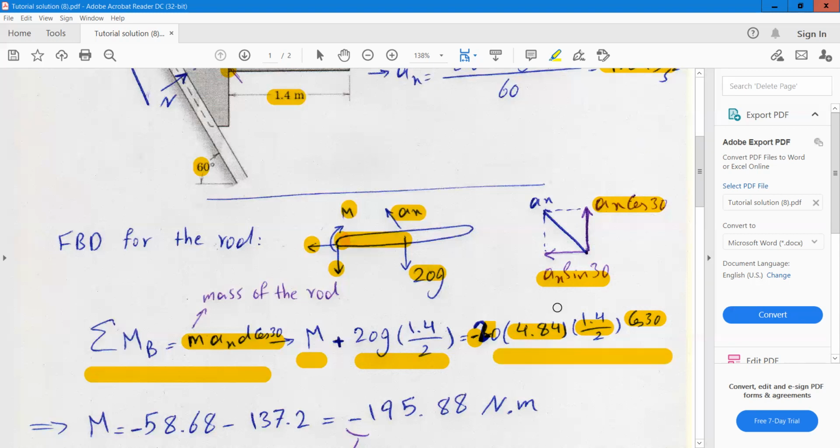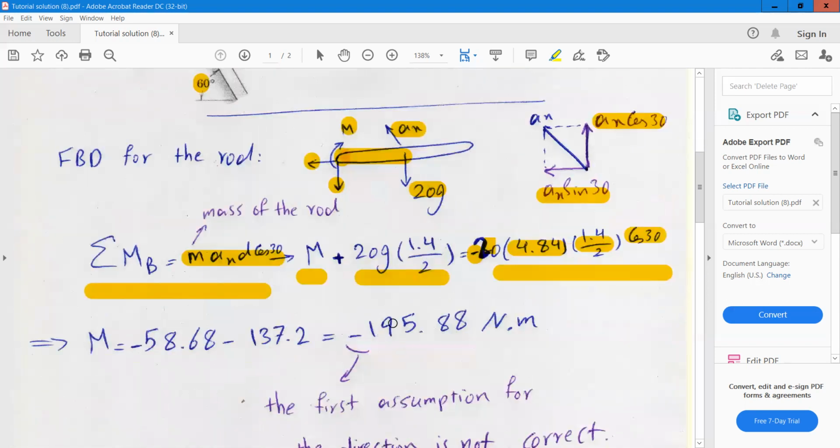So easily you can substitute the values, and from this equation you can obtain that M is equal to minus 195.8 Newton meter. Here again you can see we find one negative for the moment. What does it mean? It means that our initial assumption is not correct.